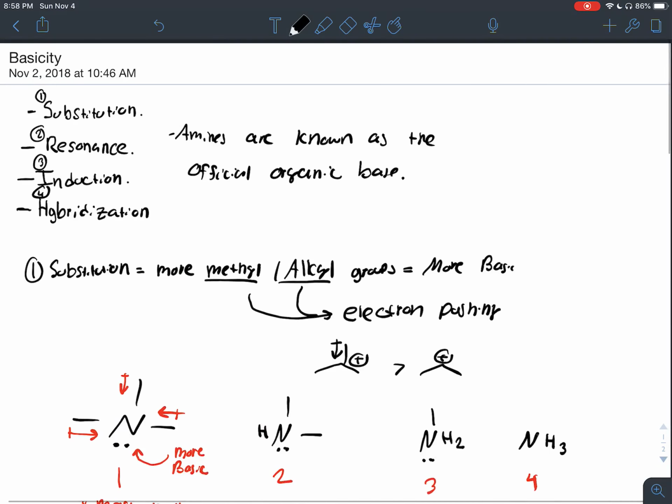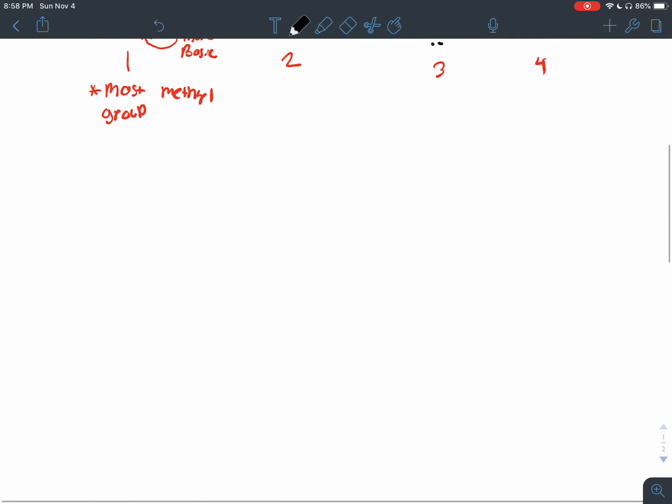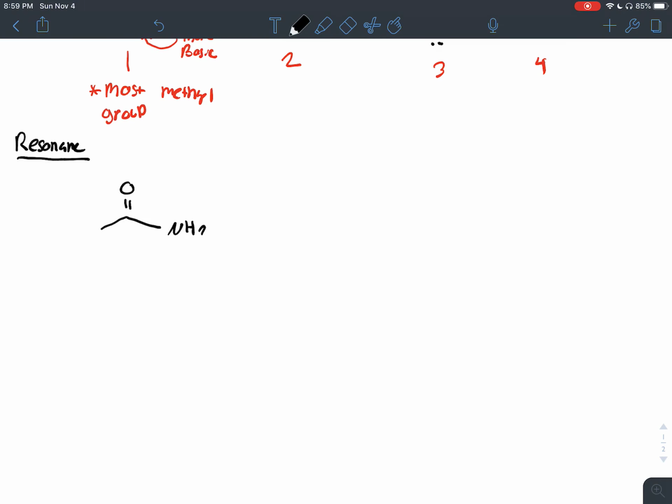All right, and so the second factor is resonance. Let's take why the amine nitrogen is more basic than the N, right?